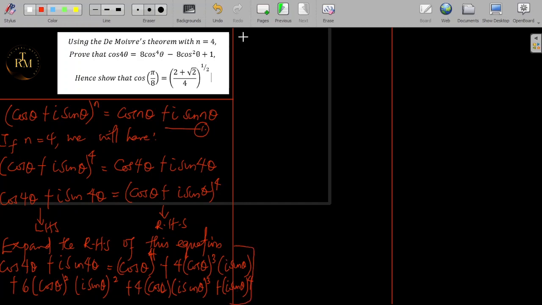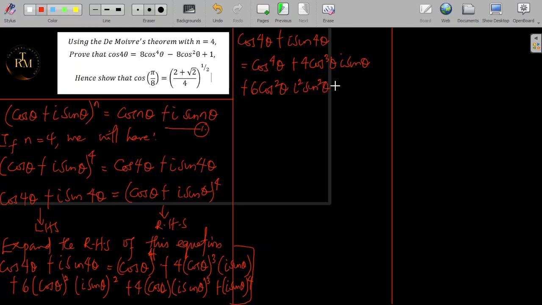If I continue what I'm doing, I'm going to have cos 4θ plus i sin 4θ equal to cos⁴θ plus 4 cos³θ, then i sin θ, plus 6 cos²θ, i² sin²θ.